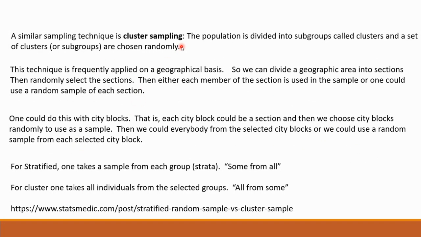However, you would choose some of those subgroups randomly and then use everybody in the subgroups you choose. Geographically, they would do this. So it might have been better with that New York State example to use cluster sampling. Or here you could do it with city blocks, as you can see. I guess each city block would be what they call a cluster. You would choose some of those blocks at random and work with everyone on those blocks.